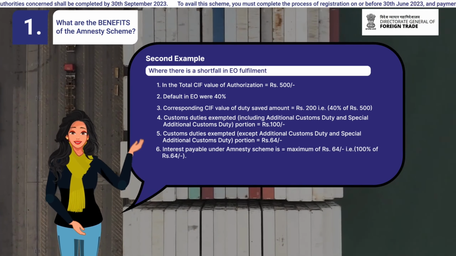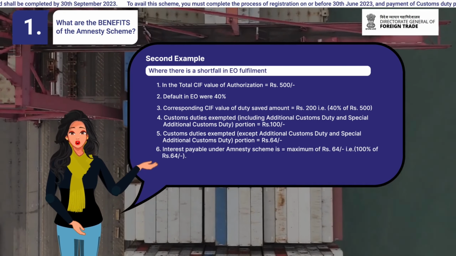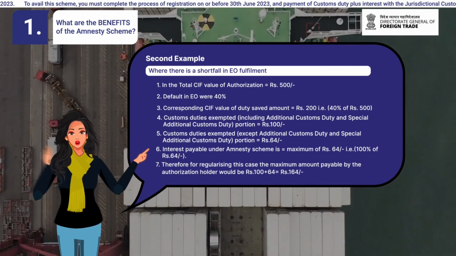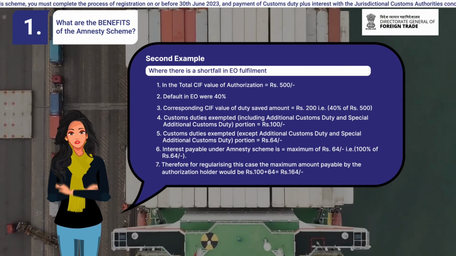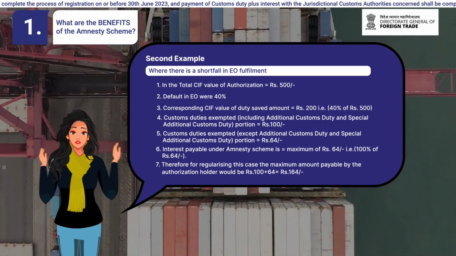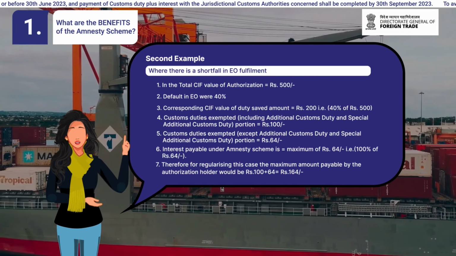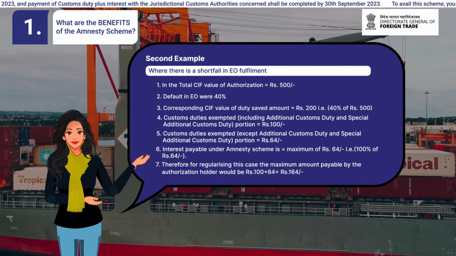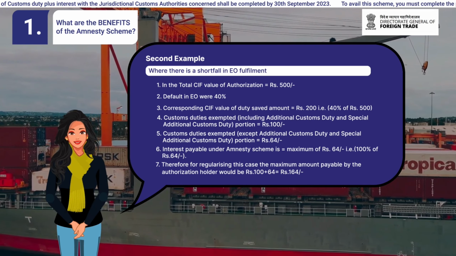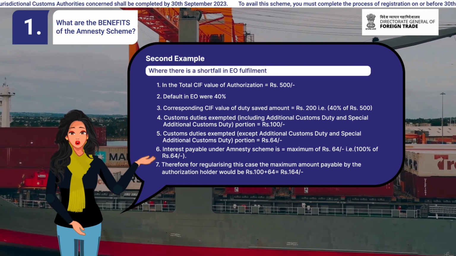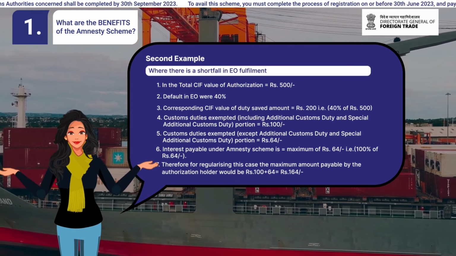Then the maximum interest payable is 64, that is 100% of 64. Therefore, for regularizing this case, the maximum amount payable by the authorization holder would be ₹100 plus 64 is equal to 164. The above example shows how the amnesty scheme provides a window for exporters to save their interest liabilities on long pending defaulted authorizations.